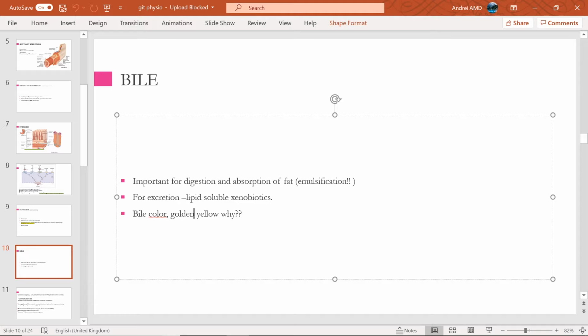Okay, so here we came to the regulation. The GI system does all this without us paying attention because there are a lot of systems to it. If somebody asks you, it is done by hormones, a lot of hormones we've already mentioned, and extrinsic innervation. What does this mean?